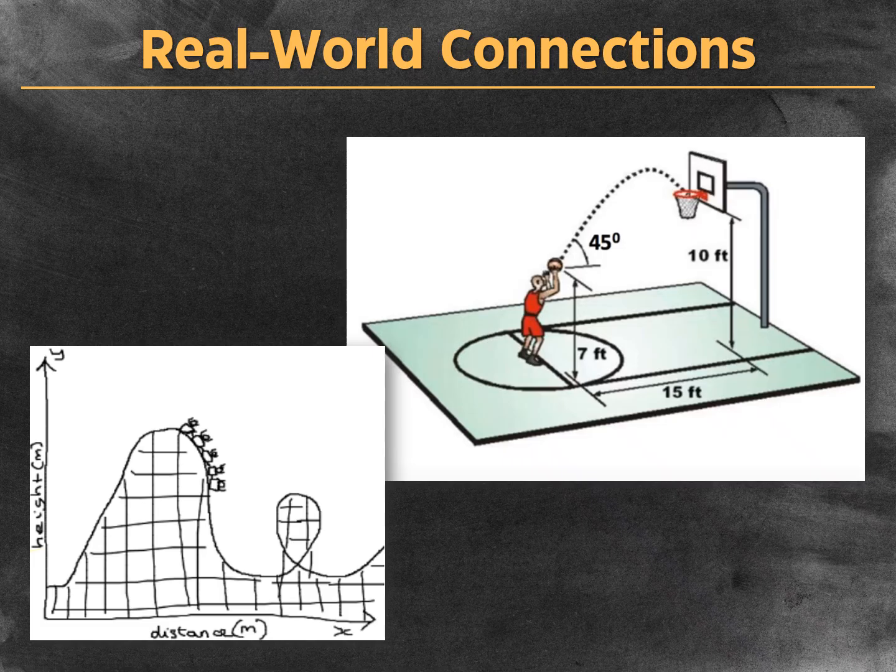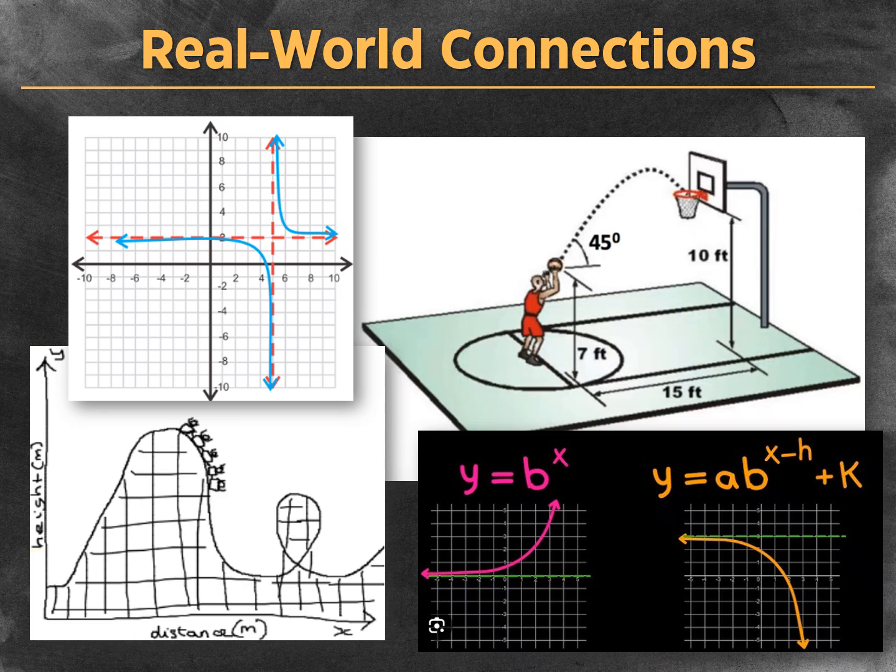Ooh, scary. Rational functions, they're pros at asymptotes, approaching but never touching, like radioactive decay in medicine or voltage in circuits. In economics, they model costs that skyrocket towards infinity.